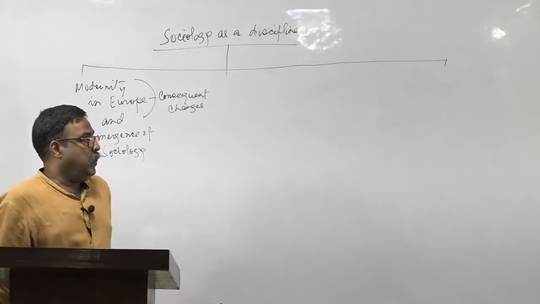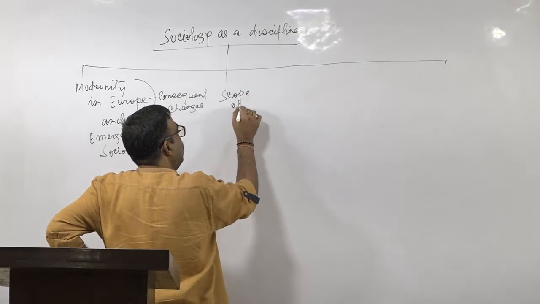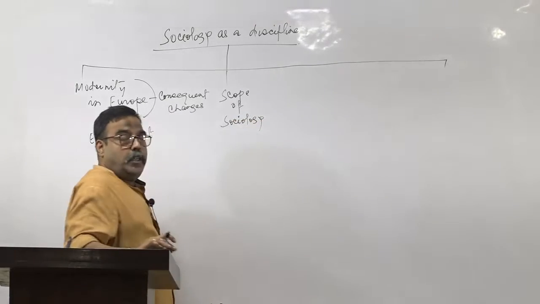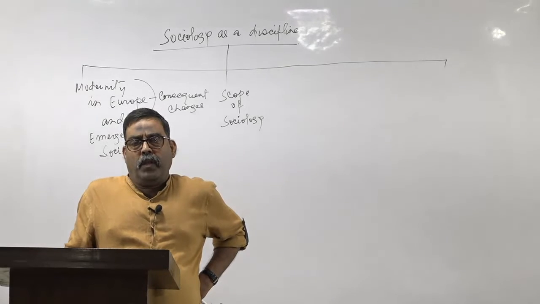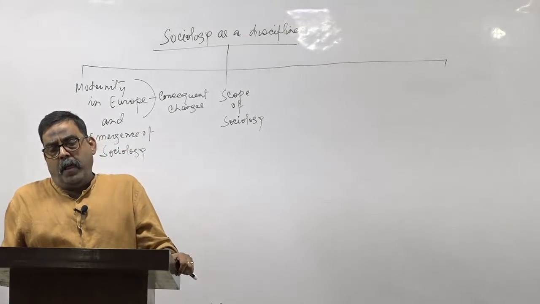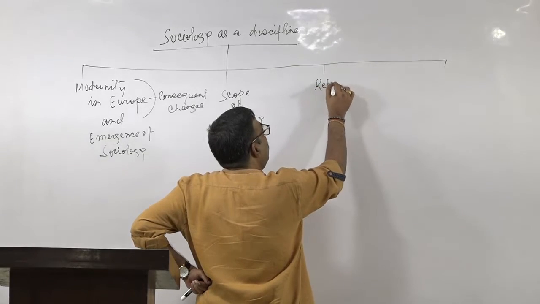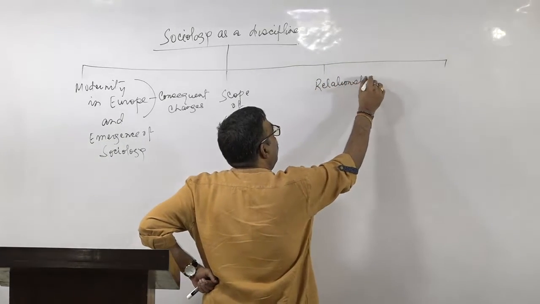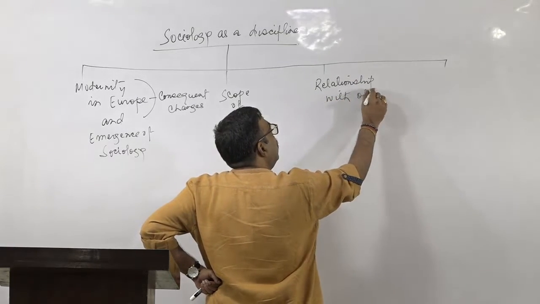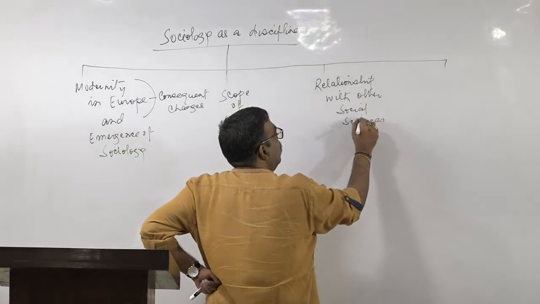And once we have done this one, then we need to talk about the scope of sociology. And once we have done the formalistic and synthetic view, then we will be looking at its relationship with other social sciences.